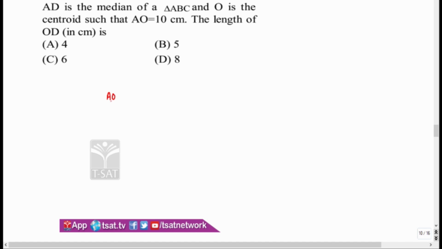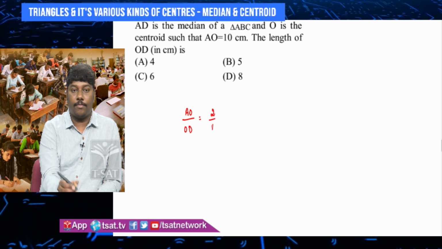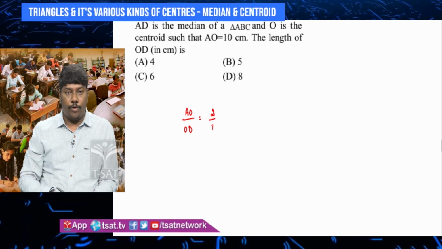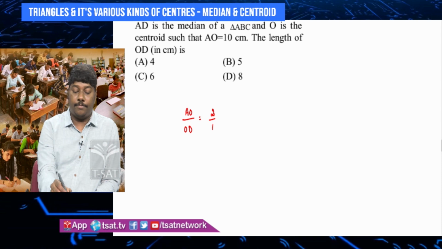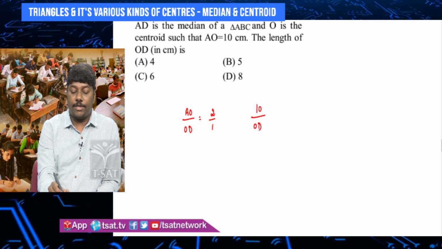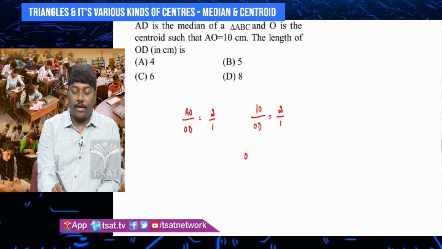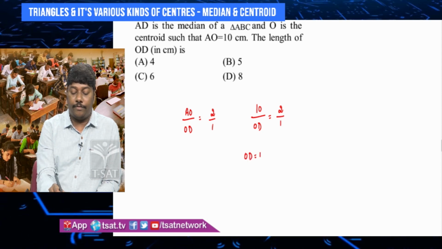Therefore, AO divided by OD is equal to 2/1. The given value is AO. AO is given as 10. 10 divided by OD, you have to find, is equal to 2/1. 2 1s are 2, 5 2s are 10, OD is equal to 5.